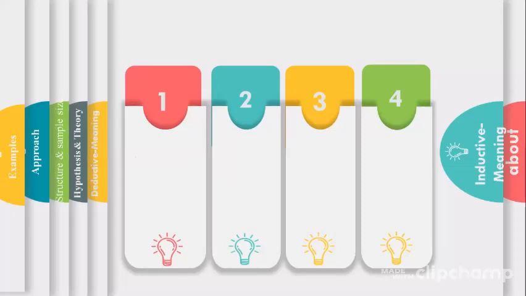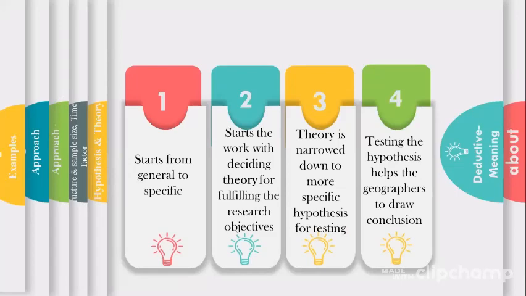Now let us see the inductive way of thought. Before starting inductive, once again I would like to say about the deductive one. See over here, deductive starts with what? It starts with a theory, and then it ends with the conclusion. But inductive does not start with a theory.